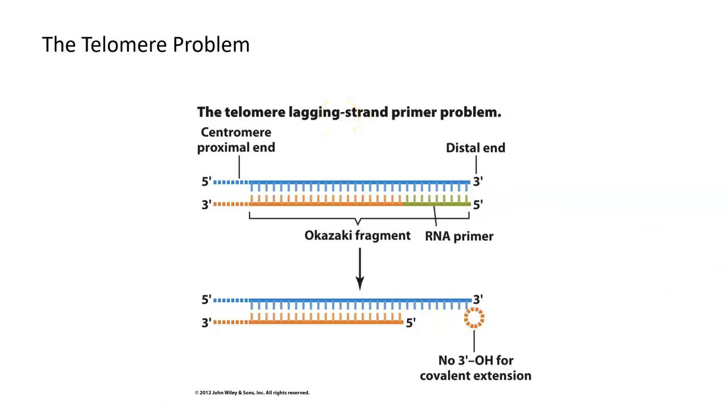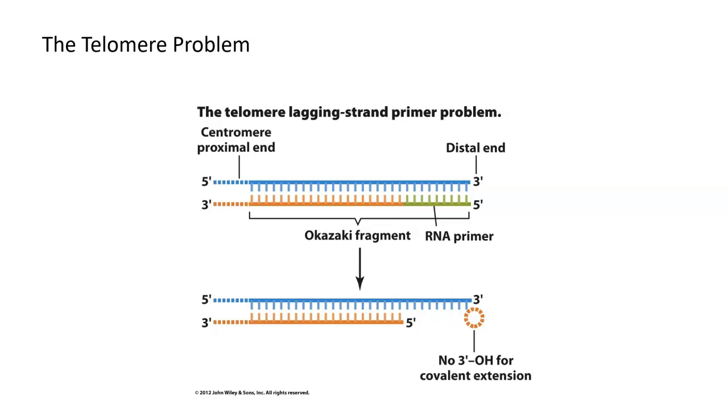We talked about how there's a leading strand, made continuously towards the replication forks in the replication bubble, and then there's a lagging strand where the synthesis of DNA is discontinuous, made basically through a series of small primers and Okazaki fragments.